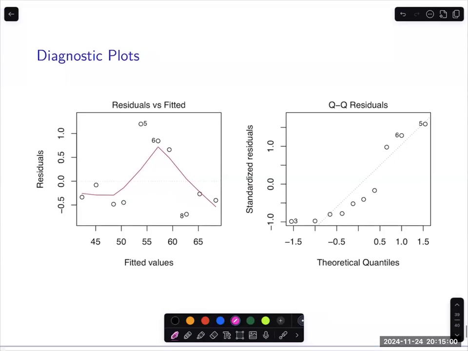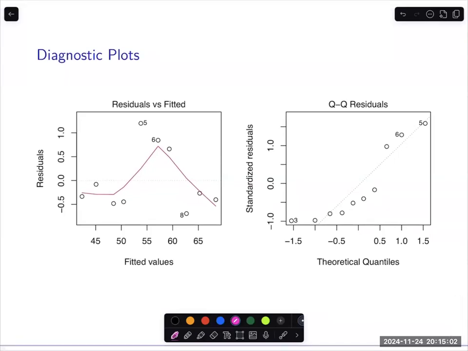And similarly, as what we have discussed for simple linear regression, we also need to make the diagnostic. Basically, whether we can assume the common variance assumption, whether they have independent identical distribution, and whether the data can be assumed to be normally distributed. As you can see here, those two plots are very similar to the previous diagnostic plots for the simple linear one. In particular, there's no systematic change of the residual with respect to the fitted value.